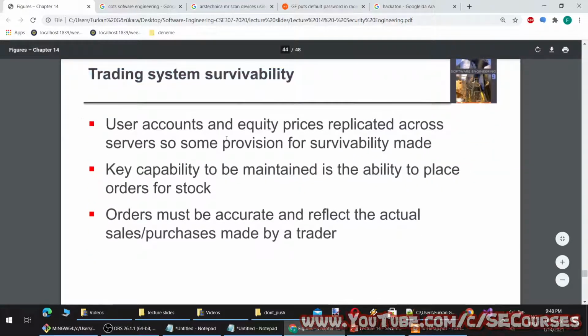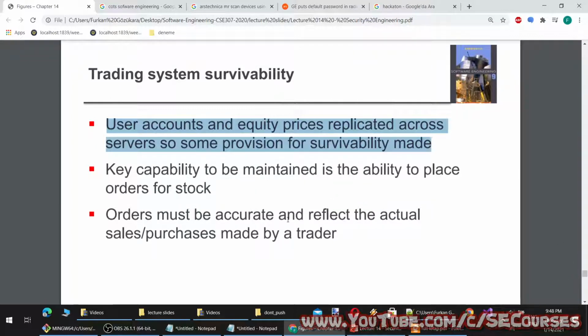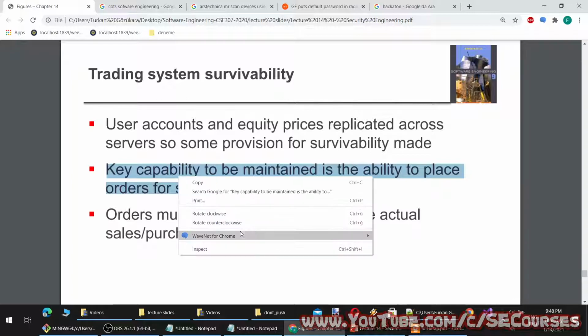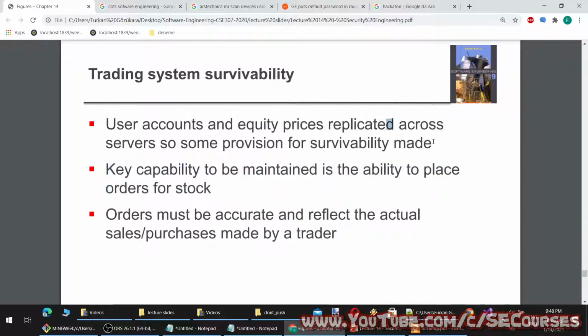Trading system survivability. User accounts and equity prices are replicated across servers, so some provision for survivability is made. So if they are replicated and one system fails, another one can continue operating. This is usually the case in healthcare systems such as in hospitals.